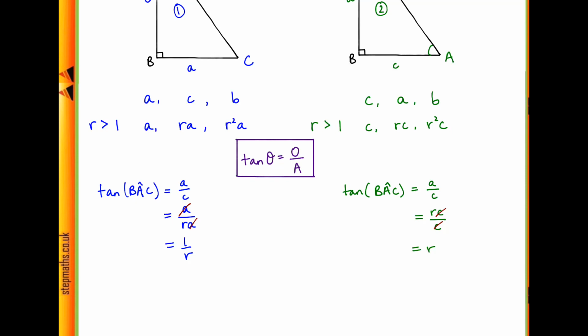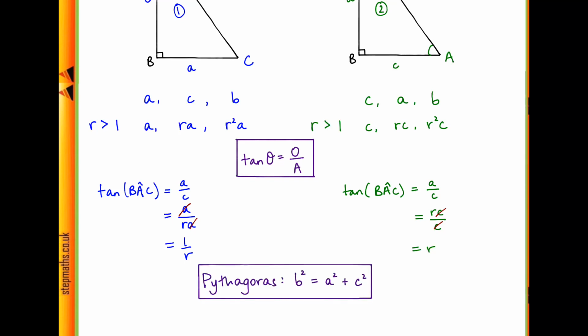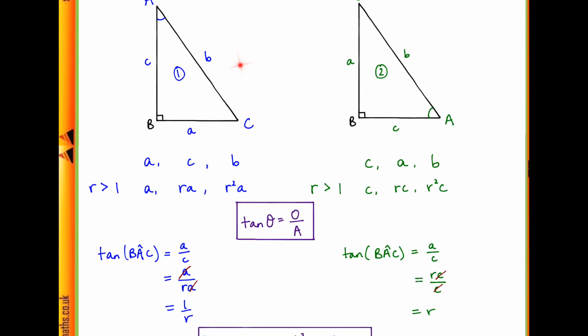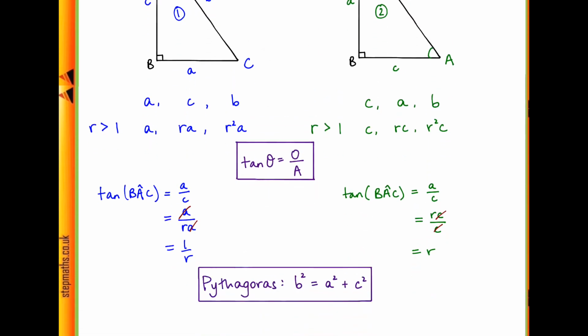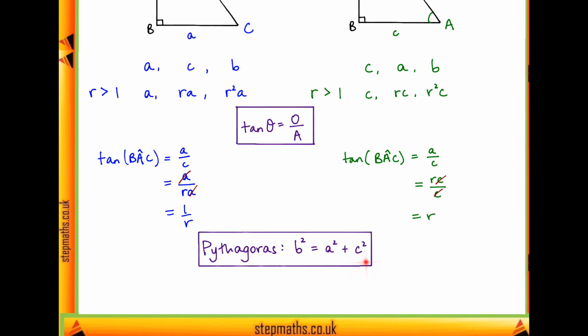But now, how can we find what this common ratio r is? Well, what other relationship between the sides of a right angled triangle do we have? There's always Pythagoras' theorem, right? So here in both cases, my hypotenuse is b, and a and c are the other two sides. So if we want to use this to find r, we can substitute in these expressions for a, b, and c in terms of r, and that will lead us with these equations.